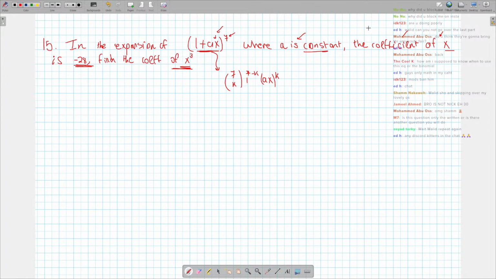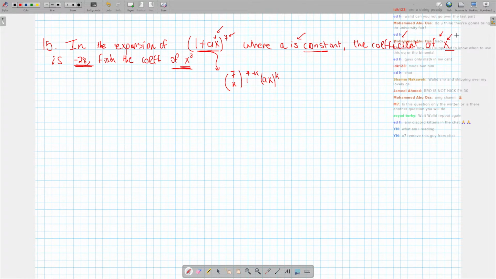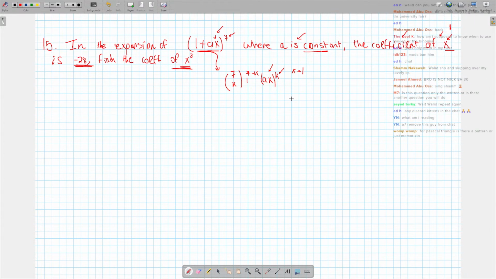We want the power of x to be 1, so we want just x. What is the power of x here? The power of x is k, and I want it to be 1, so I can just say k equals 1. If k equals 1, I'm going to get the coefficient of x.